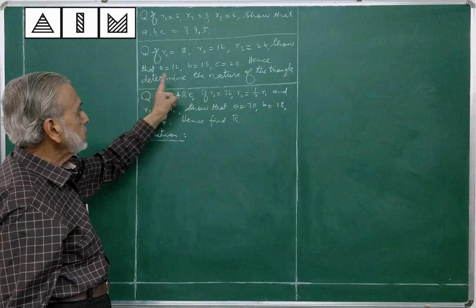6 into 36, please see here. This is 36, 6 into 36, I have written 6 into 6. This is 6 into 3. This one, please see here, this is 2 into 2 into 3.